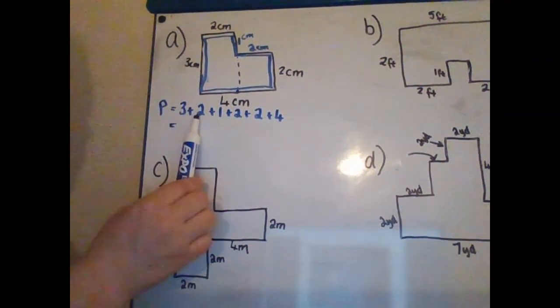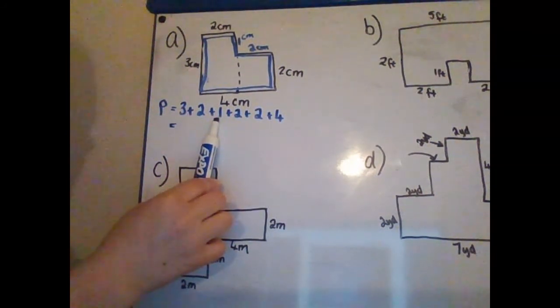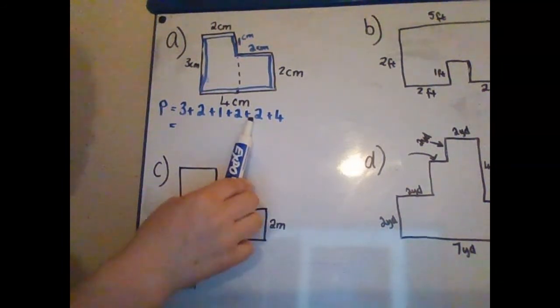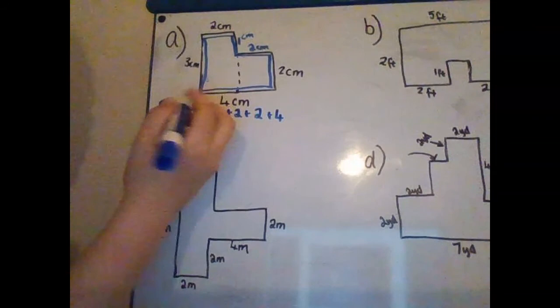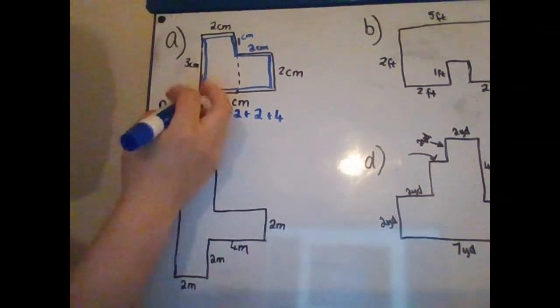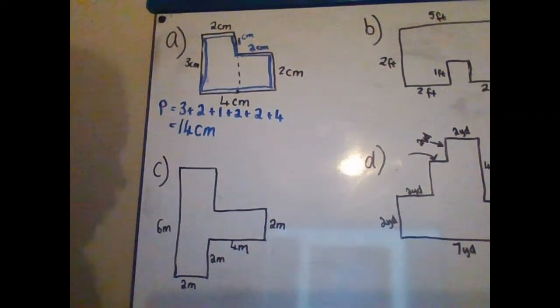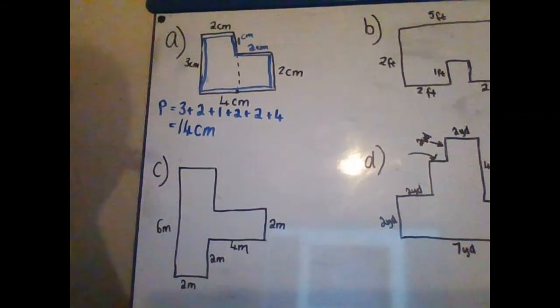So 3 add 2 is 5, add 1 is 6, add 2 is 8, add another 2 is 10, add 4, which is 14. So the perimeter is 14 centimeters. What was really important in that is that we compare the equal side lengths. We need to find our opposite side lengths because those are the equal side lengths when we're looking at them.